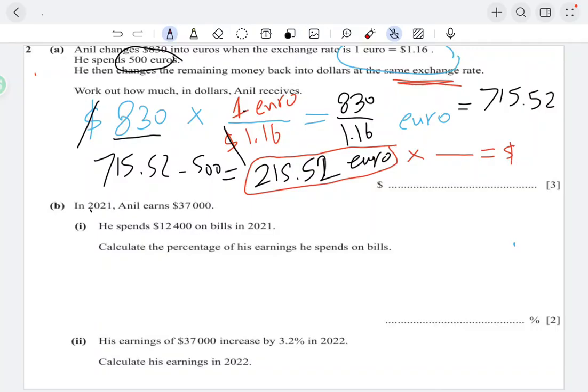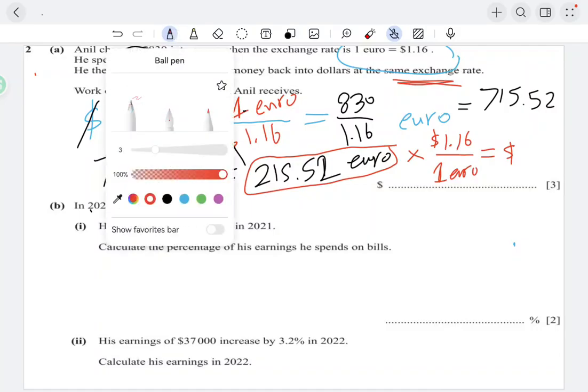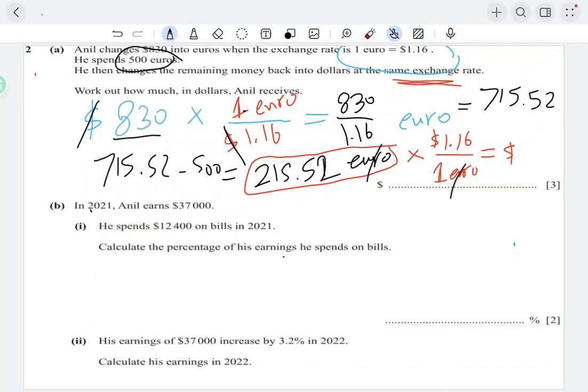So you need to cancel the euros, which means the euros must be down. So $1.16 should be up, and 1 euro should be down. And now cancel euro with euro. Then you need to multiply this money by 1.16.